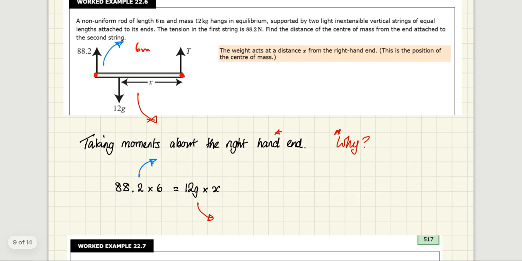One of them will give you something you can solve, the other two will give you things that you can't solve. Right? So it's about making those decisions.